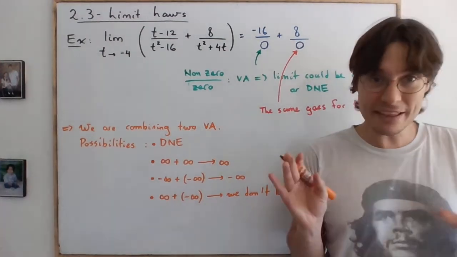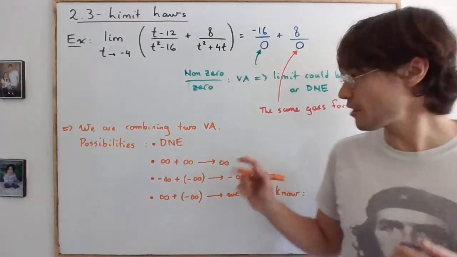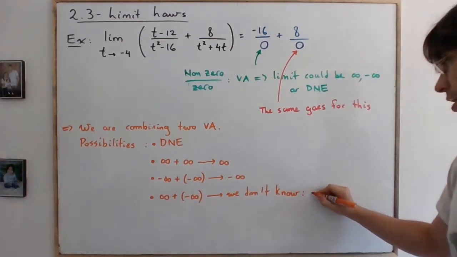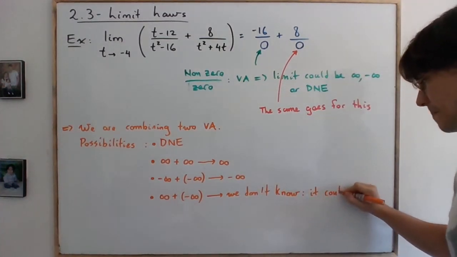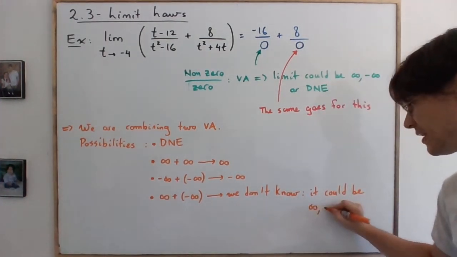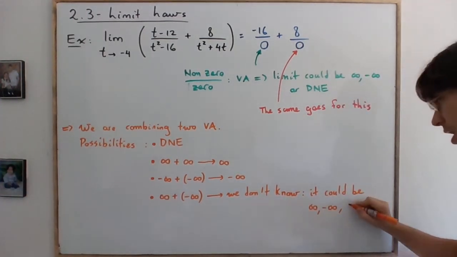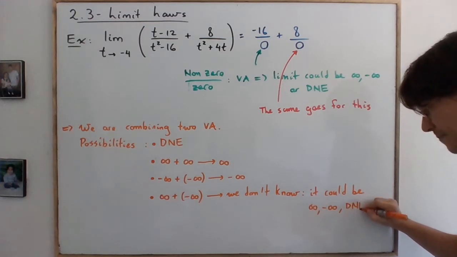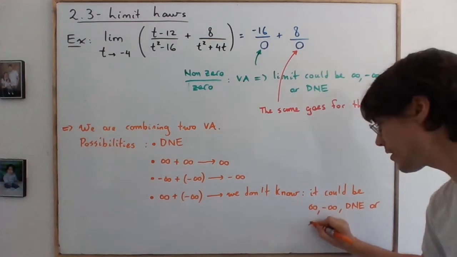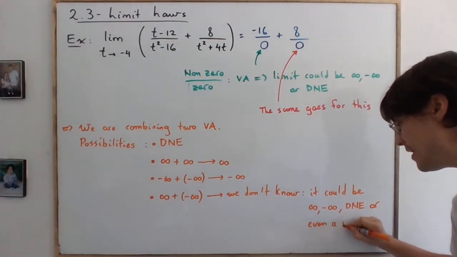So it could be anything from these possibilities: infinity, negative infinity, fail to exist, or even a number.